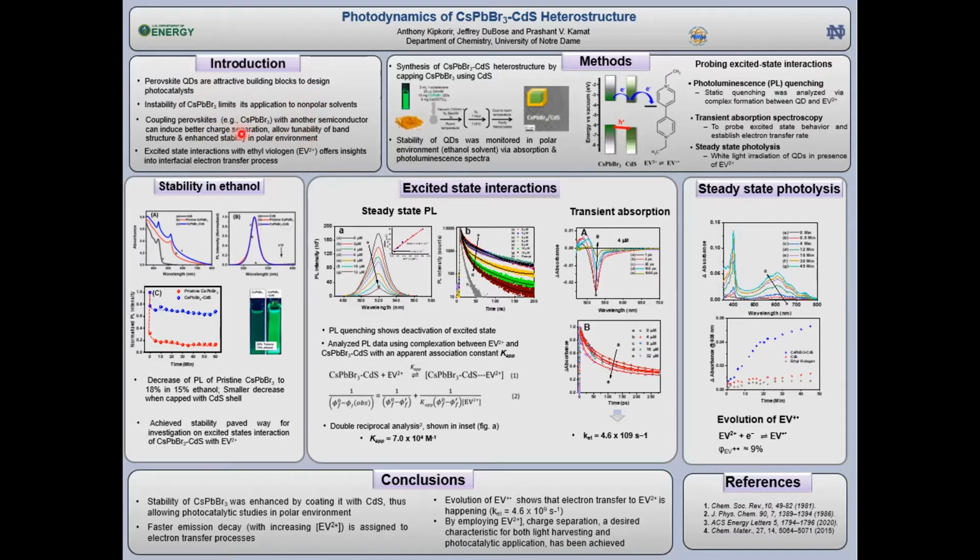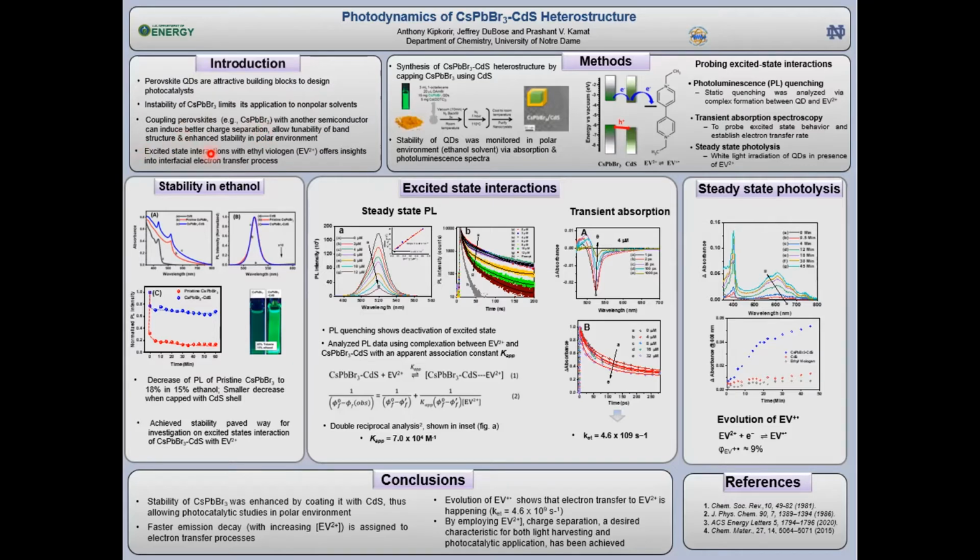And we found out that by coupling them with an inert semiconductor on the surface, you are now able to not only make them polar environment tolerant, but also improve charge separation, which is a feature necessary for their application.